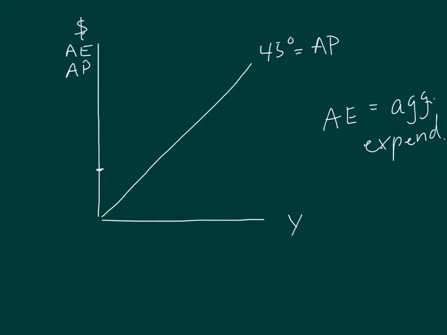And then it rises with income. So as we get additional income, we spend a good portion of that. Presumably, we do not spend all of it because we will save some of it. We can also have leakages in terms of imports or taxes, but for right now, we'll just think of the consumption part of it. So whatever income we don't consume, we save. So that means that the aggregate expenditures line is going to look something like this.